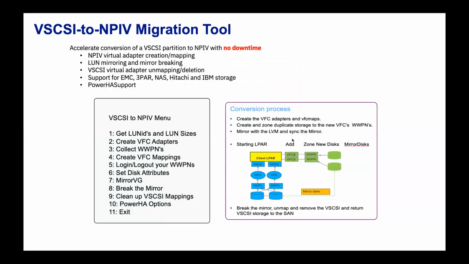This is the menu of the tool. We support PowerHA, we support all types of storage. It doesn't really matter in that regard. It's a pretty straightforward process as long as the usage of the disks supports live migration.